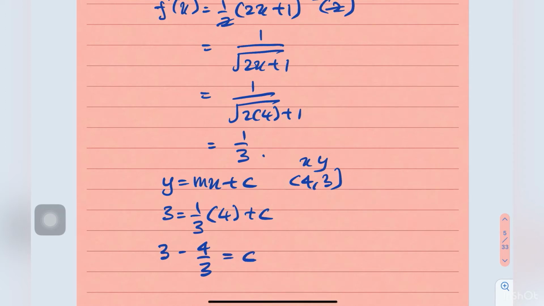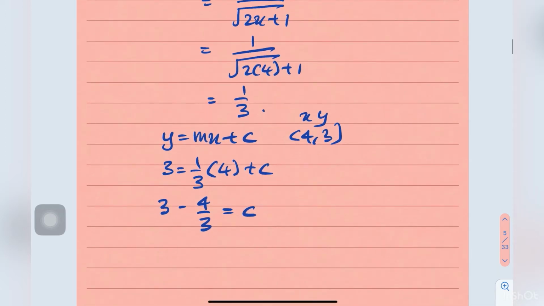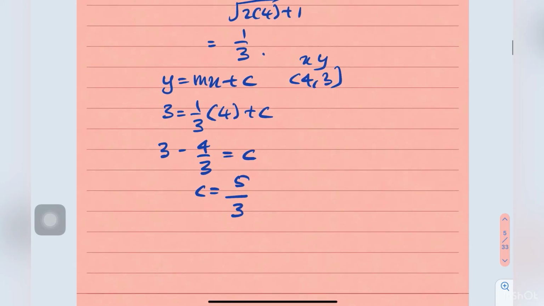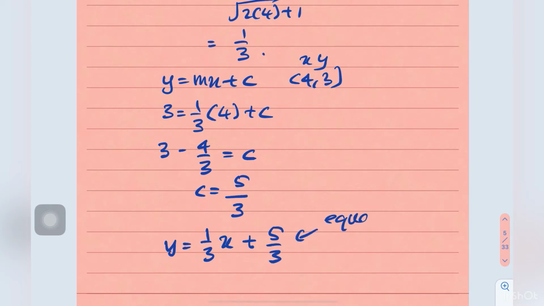So 9 minus 4, so c equals 5 over 3. So here is the equation of tangent: y equals 1 over 3x plus 5 over 3. So this is the equation of tangent.